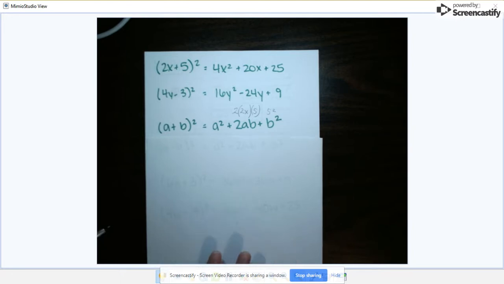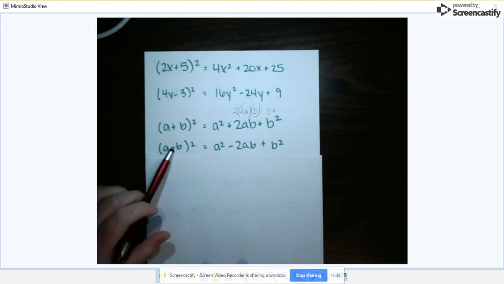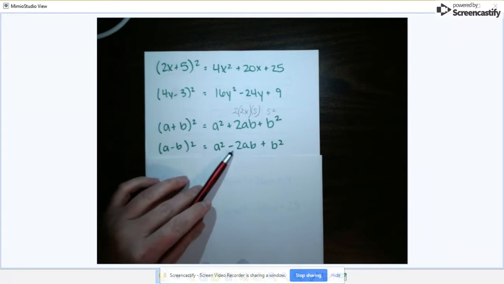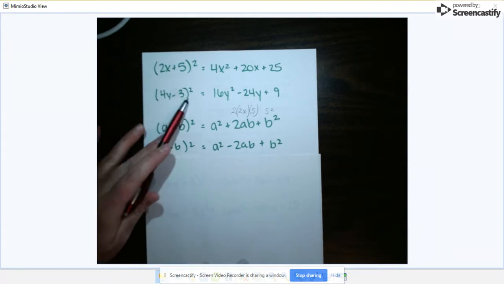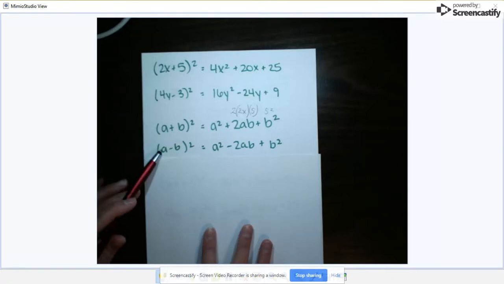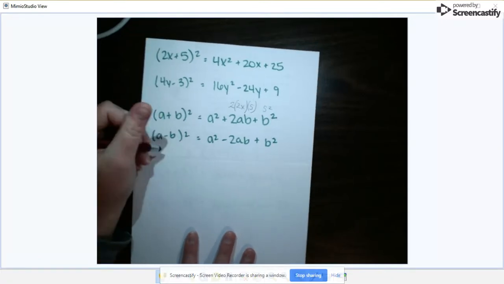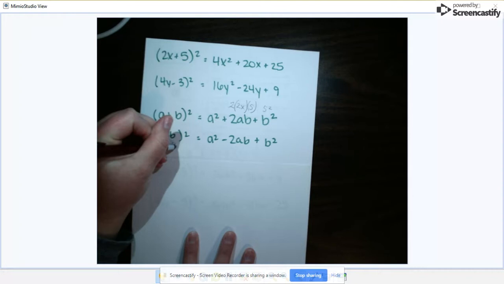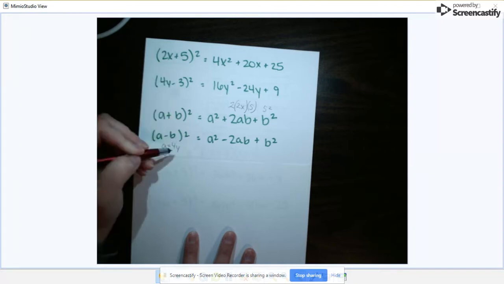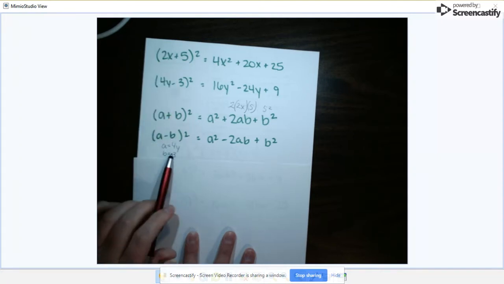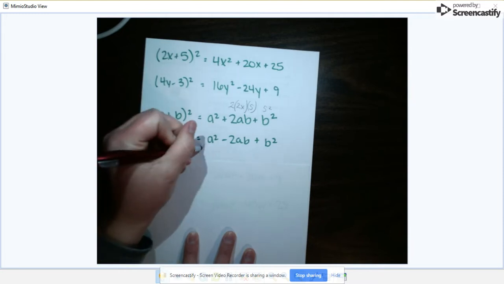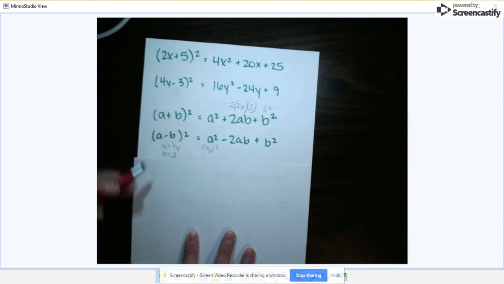Okay, similarly, we could have a minus sign in the middle, which changes that middle sign to a minus. But we could look at this 4y minus 3 example. So our a equals 4y, and b equals 3. So a squared would be 4y squared.